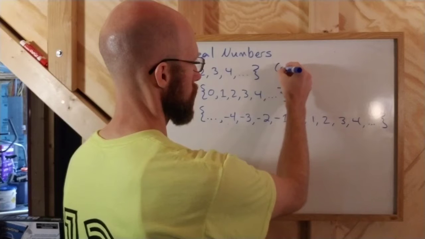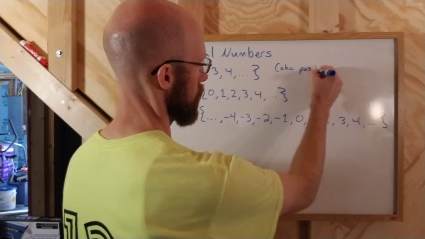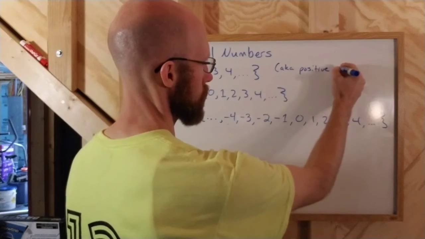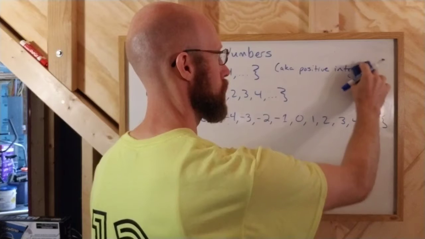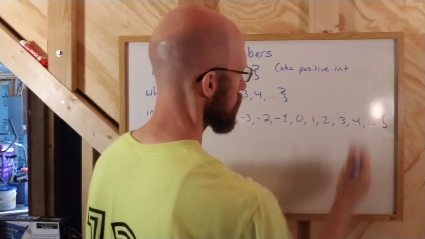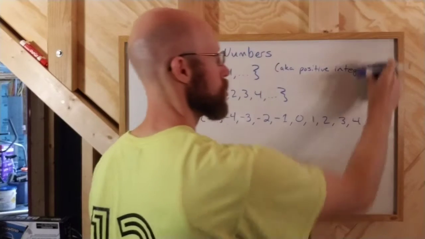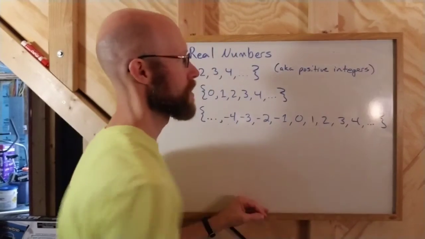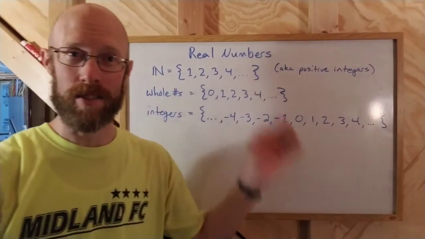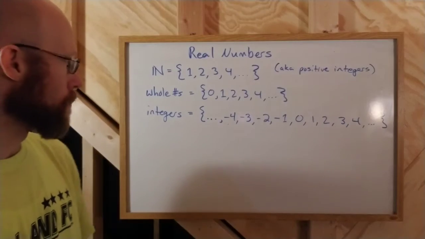So these are AKA positive integers. Oh, I can't spell integers apparently. Integers, there we go. Positive integers are the natural numbers. So we have the positive side, we've got the negative side, we've got 0.